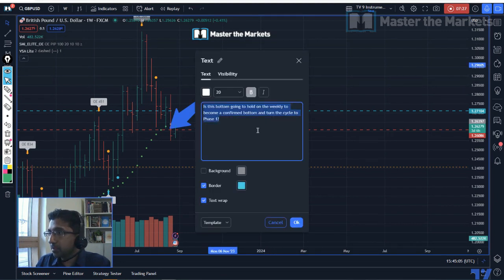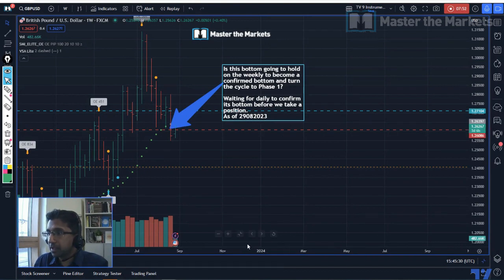I'm just going to type in that, waiting for daily to confirm its bottom, okay, before we take a position, right? And this is as of 29/08/2023.